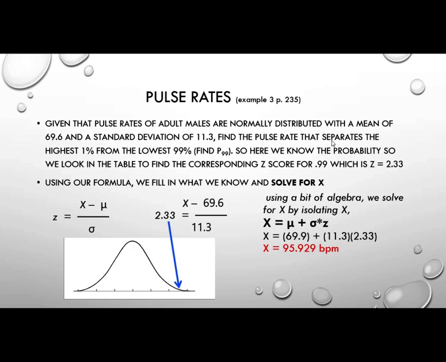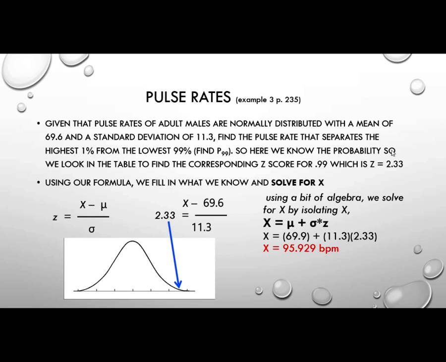Okay, let's do another one. Pulse rates, example 3 on page 235. Given that pulse rates of adult males are normally distributed with a mean of 69.6 and a standard deviation of 11.3, find the pulse rate that separates the highest 1% from the lowest 99%. So we're looking for a probability of 0.99.